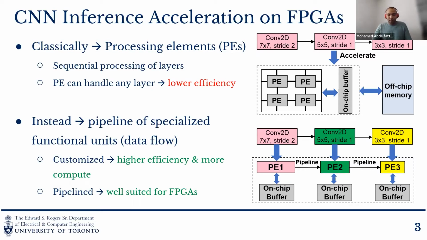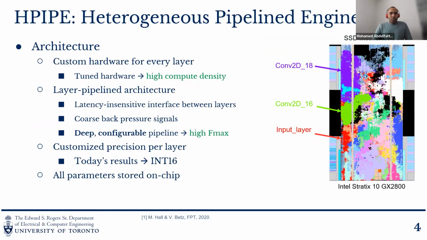And having this makes the accelerator much more efficient because you design the PE, or the functional unit, specifically for the needs of the layer without having any inefficient modules or blocks. And you can pipeline those layers on the FPGA, and this is very suited for FPGA because you have cheap registers over there.